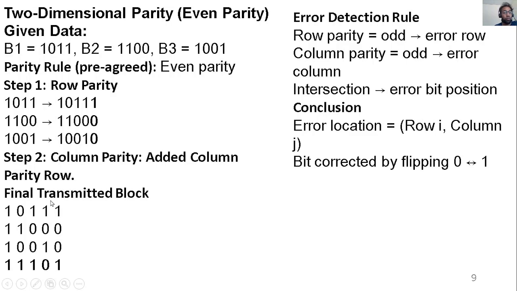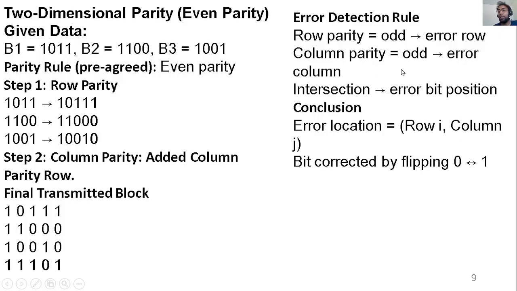Now if we send this block, the block that reaches the receiver may be different from this one, and then we have to detect where exactly the error occurred. If the agreed parity is even and the row parity is odd, this means there is an error in that row.